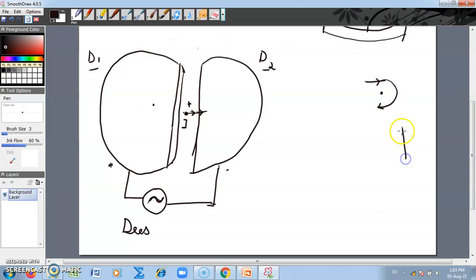That means if I have got a magnetic field applied like this, the charged particle will move in a circular path around the field. So here the field is perpendicular to the plane of the paper. As a result, it will come like this.